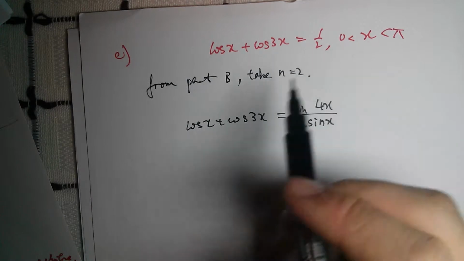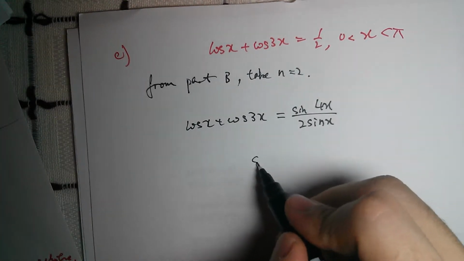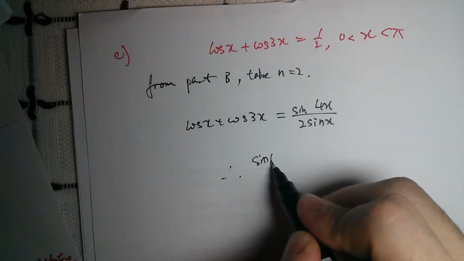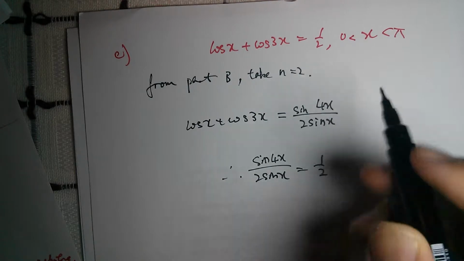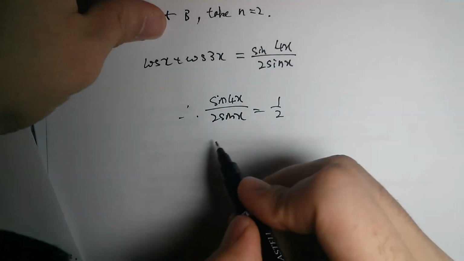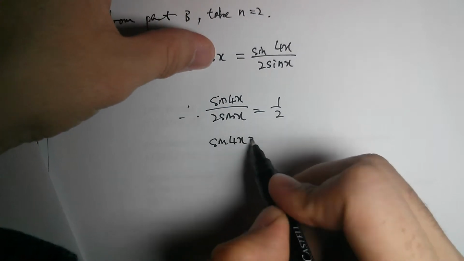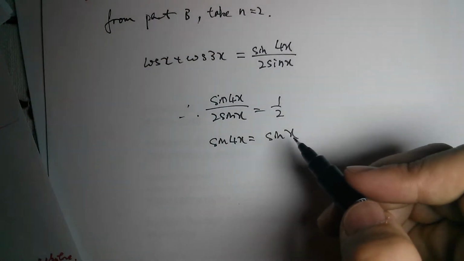Therefore, if we want to solve the equation, this equal to half is basically this equal to half. Therefore, we have sin 4x over 2 sin x equals half. What you do is multiply the bottom to the other side, so sin 4x equals half times 2, the 2 is gone, equals sin x.